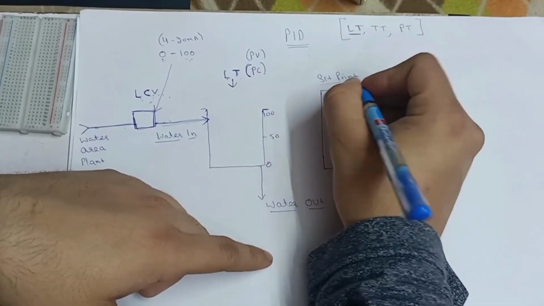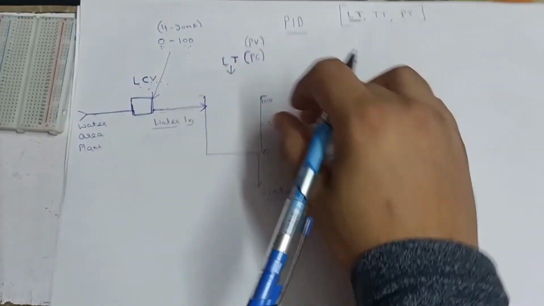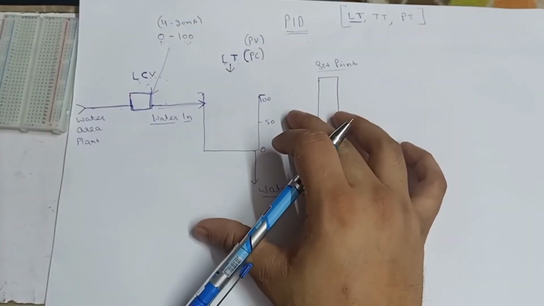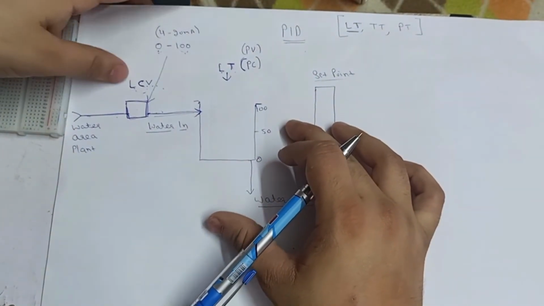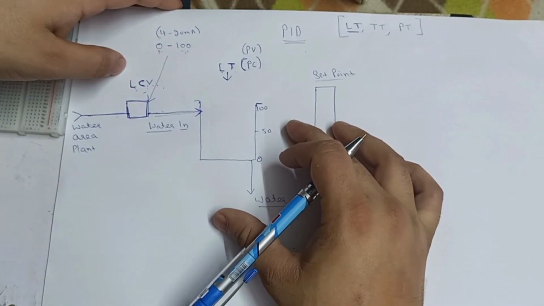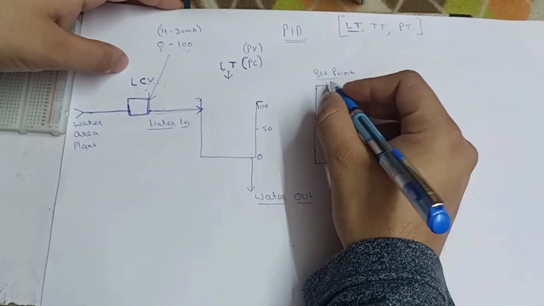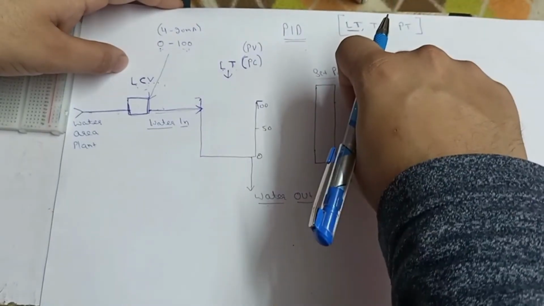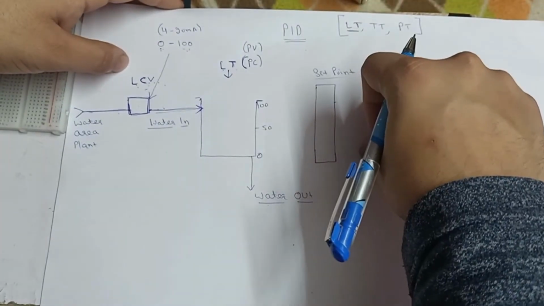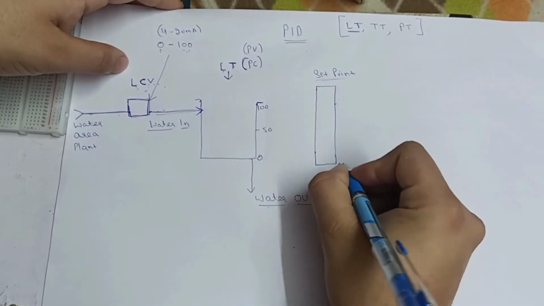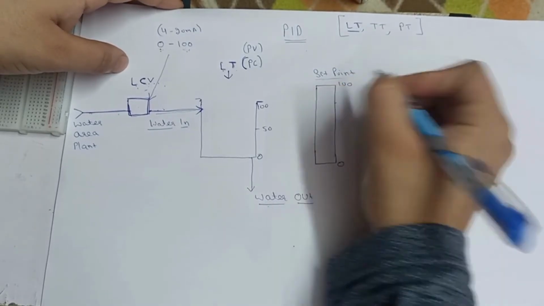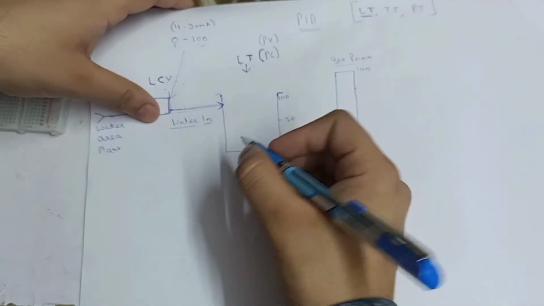This is very important, because with its help the PID operates. It means your plant requirement is like 60%, then that is the set point. It depends upon your requirement, and its value is 0 to 100. Now let's take an example.